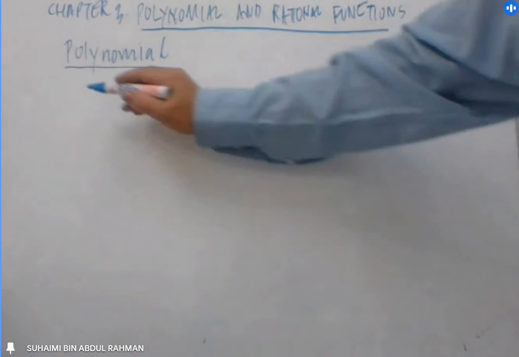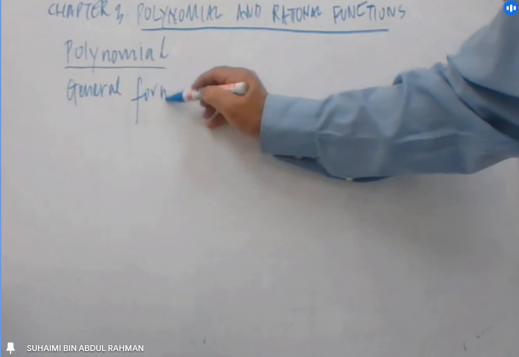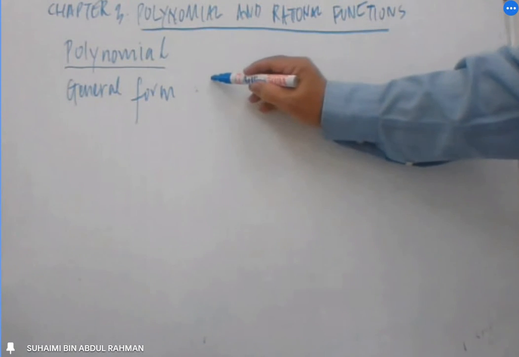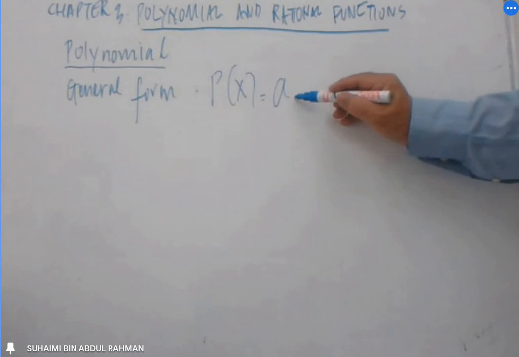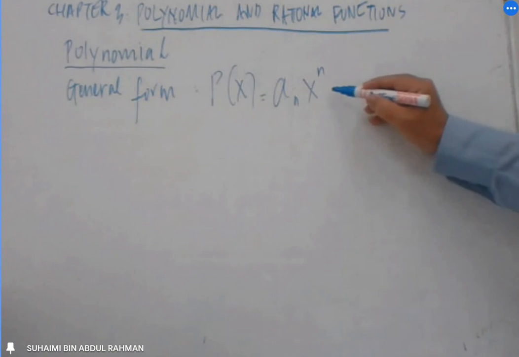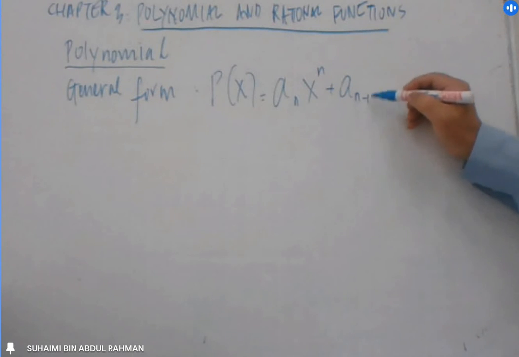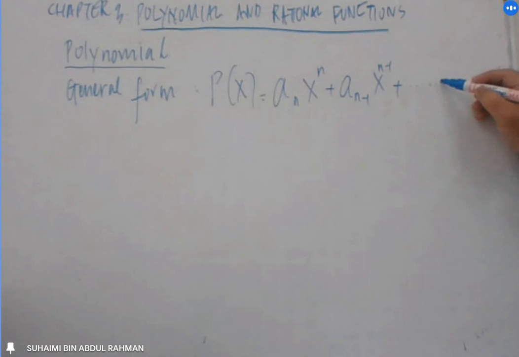When we see polynomial, the general form of a polynomial function, let's say a polynomial function represented by P(x) equals a_n x to the power of n plus a_(n-1) x to the power of n minus 1 plus, until the last one, a_0.